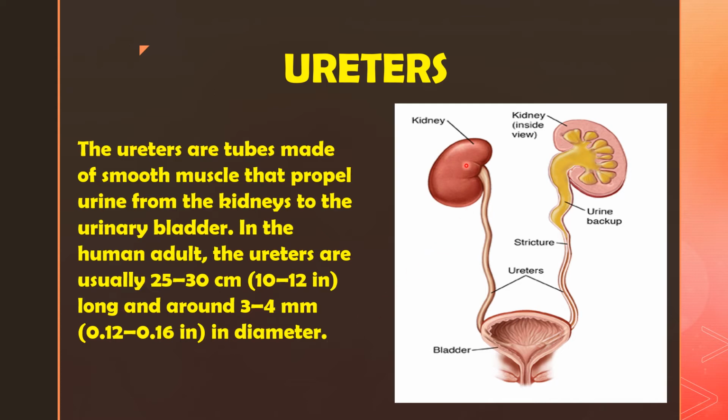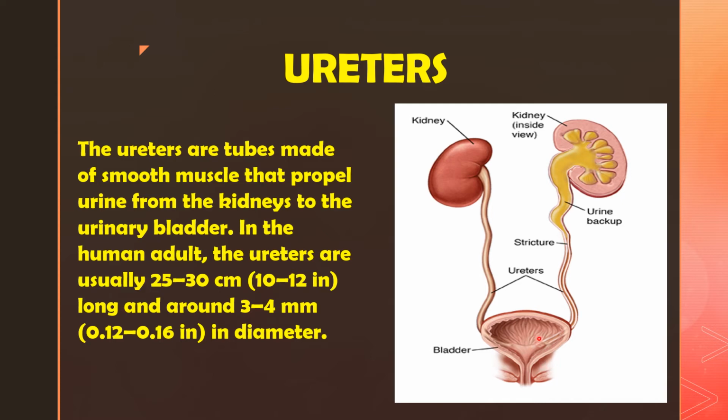See the diagram, these are the two kidneys. One is the ventral side and another is the dorsal side of the kidneys. After that, see, this is the tube that is called the ureter. You can see that urine is forming like this in the kidneys and it is coming through the ureter to the next part of the excretory system, that is the urinary bladder.